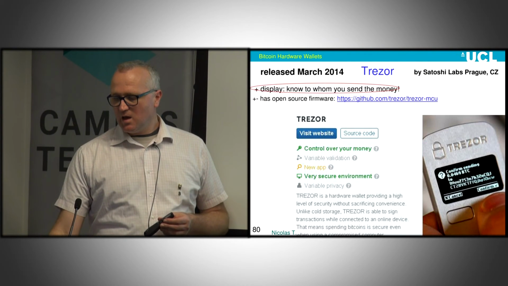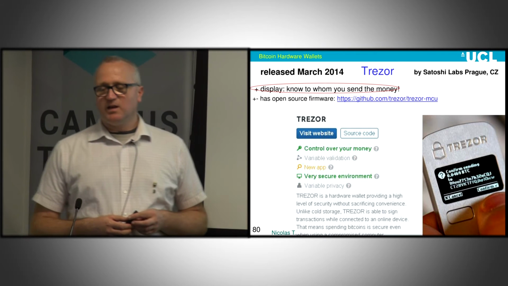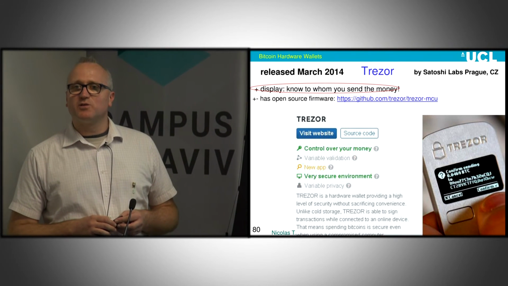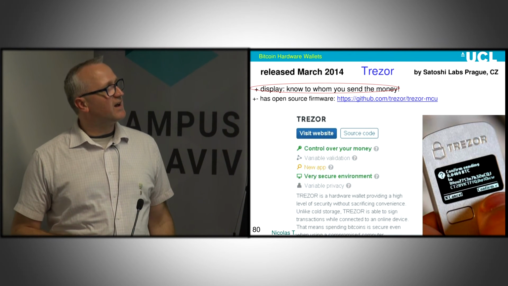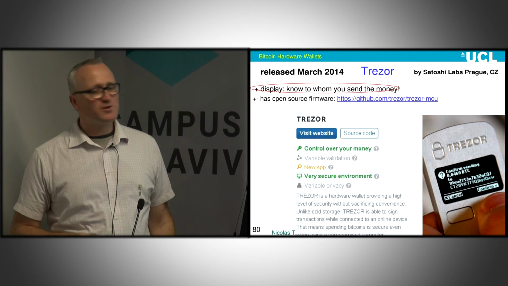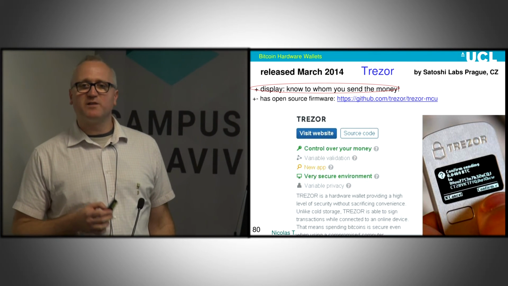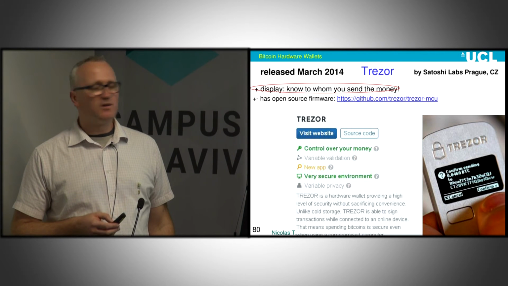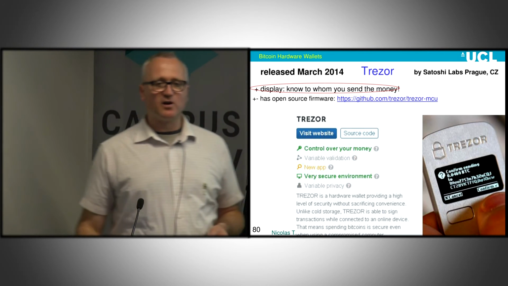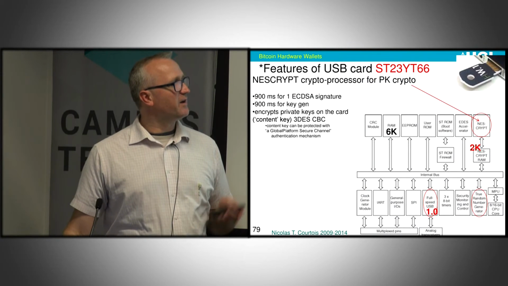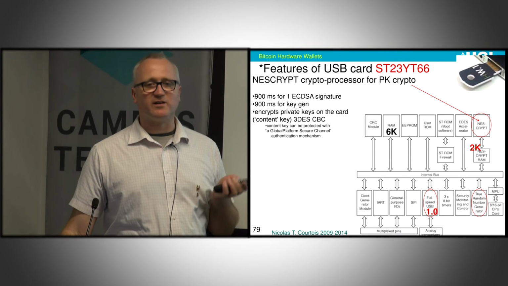Trezor has an additional feature, which is very nice: you know what you sign. You know to whom you send the money, which the smart card doesn't have. So Trezor is superior in this aspect. However, Trezor is by far not as advanced as the French product, because the French industry has a lot of experience with highly secure systems, which are certified.